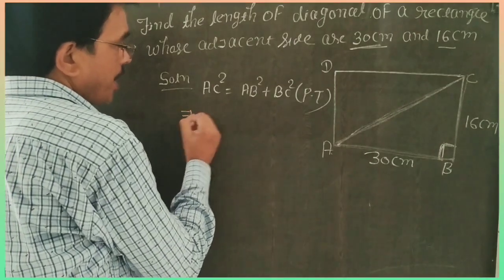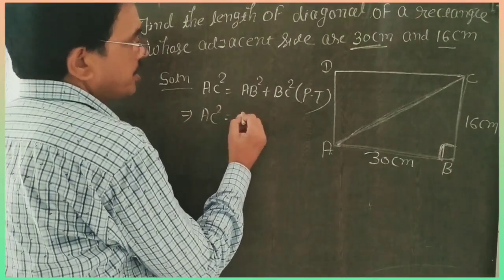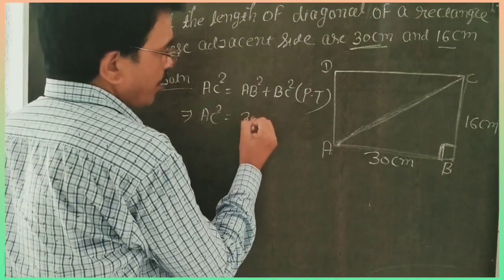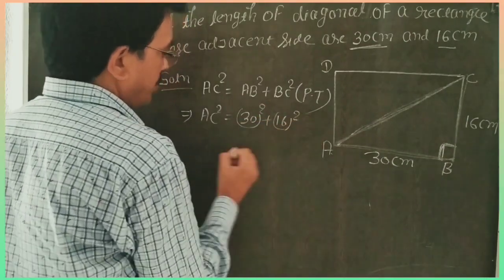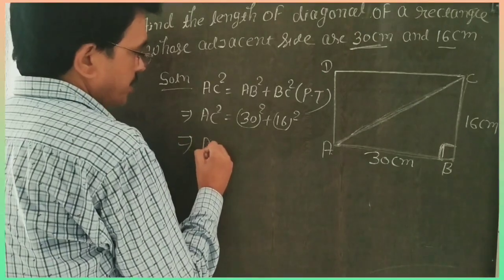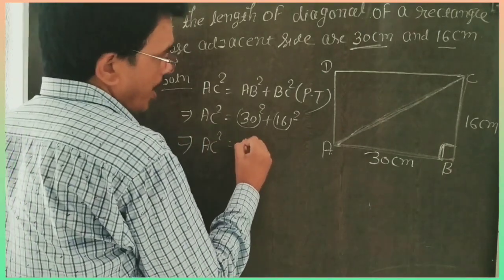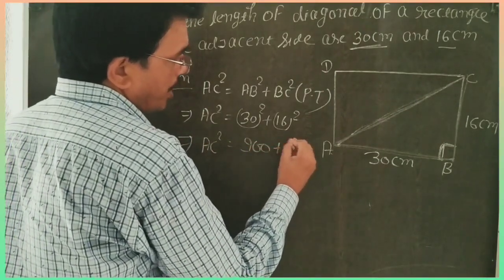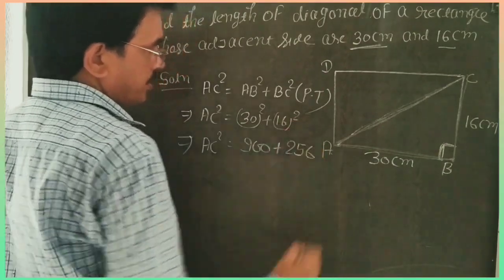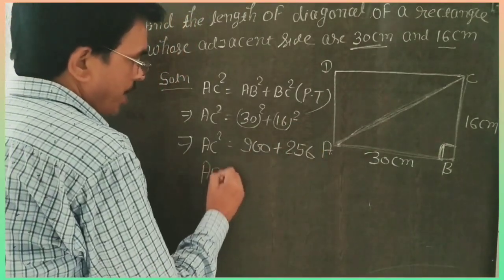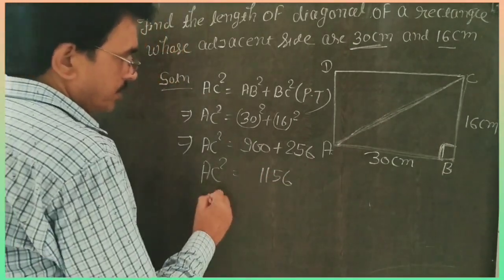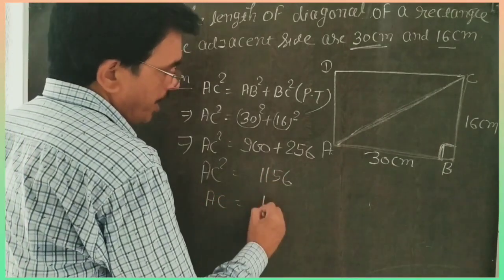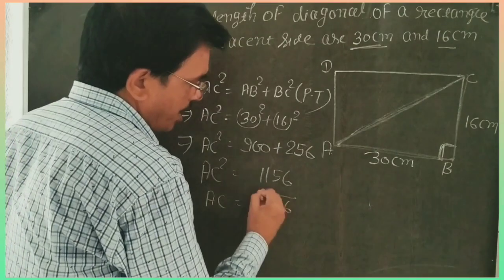Hence AC square is equal to 30 square plus 16 square, that is 900 plus 256. Hence AC square is 1156. So what is AC? AC is equal to root 1156.